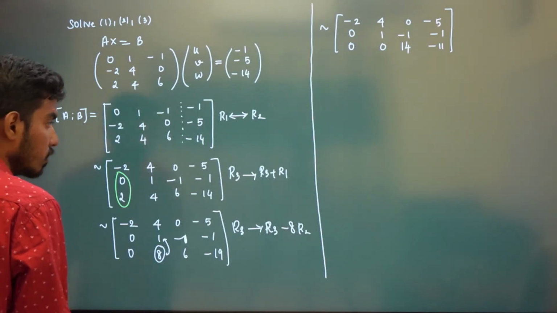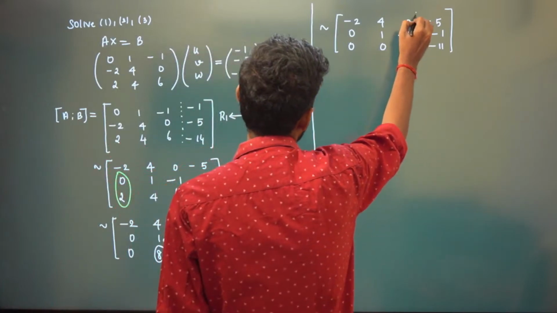So now we can see it is in row echelon form, right?